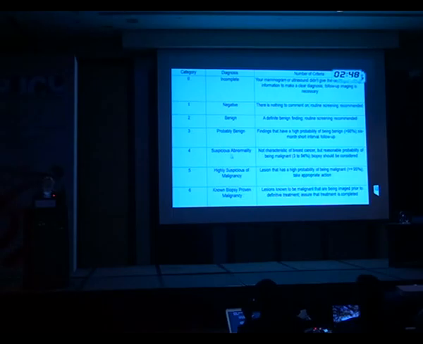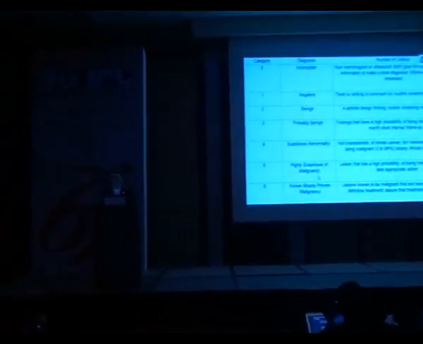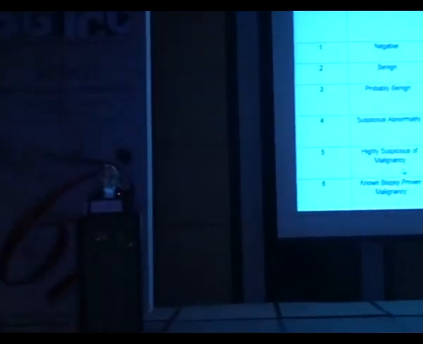Suspicious abnormality when having criteria that go with malignancy, like from 3 to 94%. Highly suspicious when having all the criteria typical for malignancy, and BI-RADS 6 is given when having pathology-proven breast cancer, like cases on follow-up of chemotherapy or previous cancer.